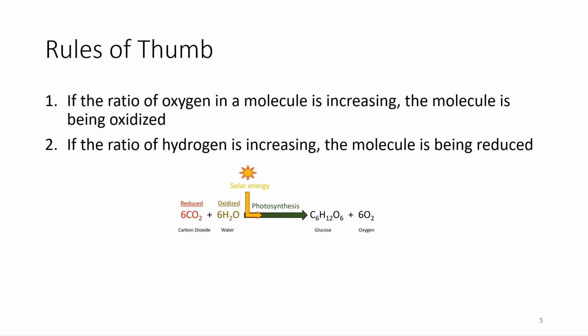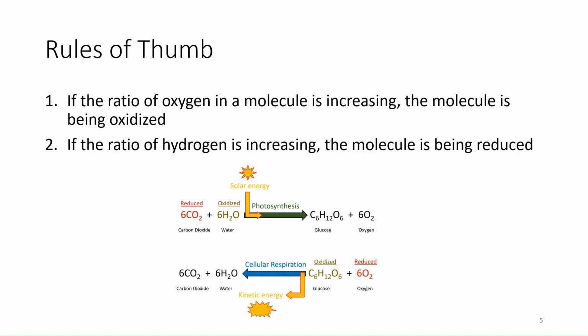And so we've removed all of the hydrogen present. So hydrogen decreased. If we look at rule number two, hydrogen didn't increase, it decreased, and so therefore it was oxidized. So look at the number of oxygens and hydrogens before and after, and that'll tell you a lot about if the molecule was reduced or oxidized.